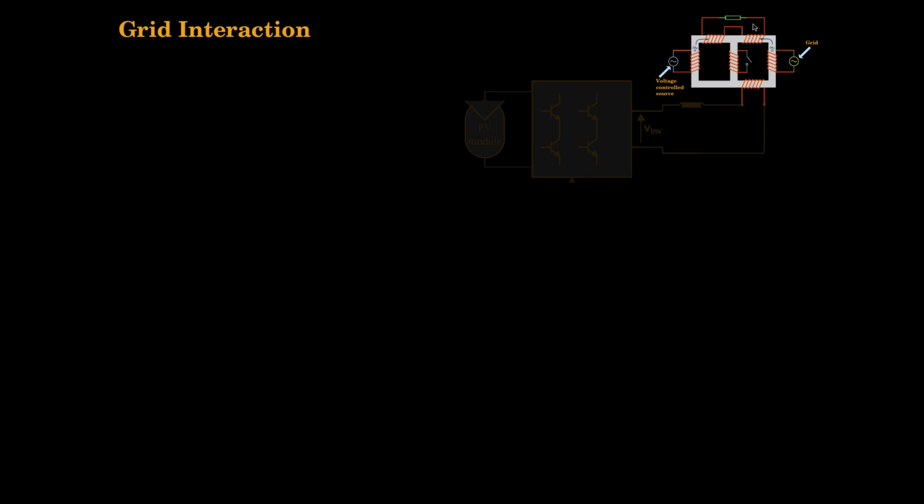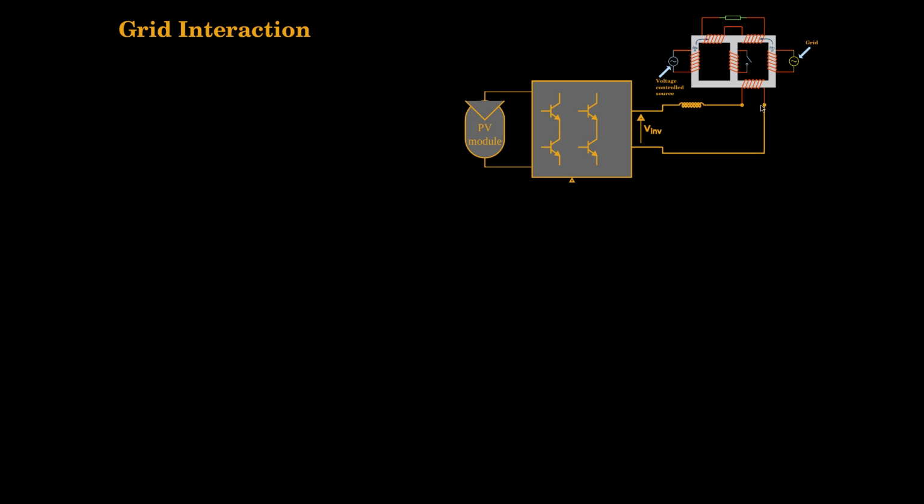And to this current controlled terminal, I have a PV module and the inverter, and the inverter output through an inductor. I am integrating it to this terminal.